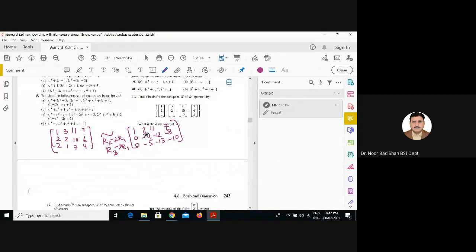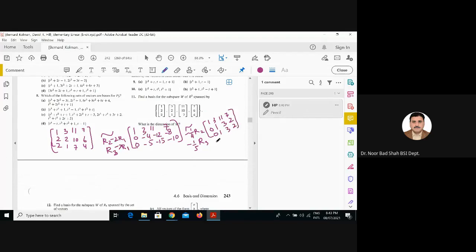Now we could divide row 2 and row 3 accordingly by minus 4 and minus 5. We can write minus 1 by 4 row 2, minus 1 by 5 row 3. So what do we get? First row as it is: 1, 3, 11 and 7. Then 0, 1, 3 and 2.